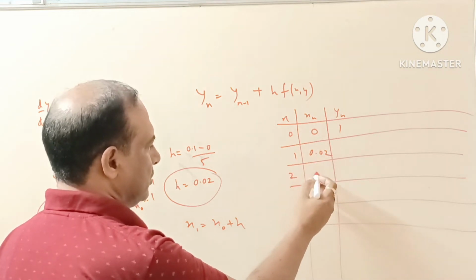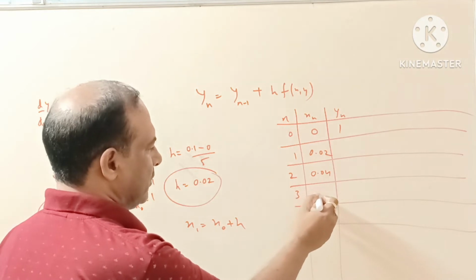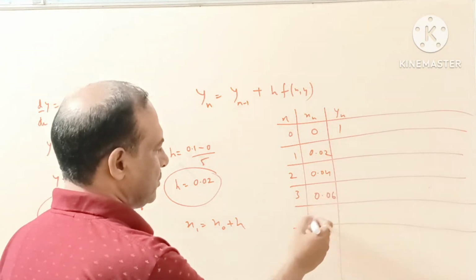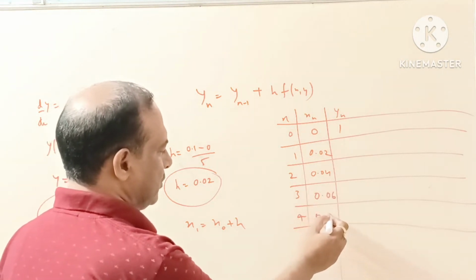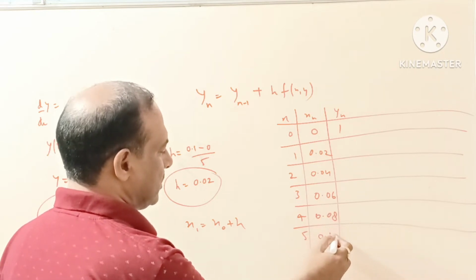For n equals 2, it is 0.04, again adding 0.02. For n equals 3, it is 0.06, then 0.08, and now it is 0.10.